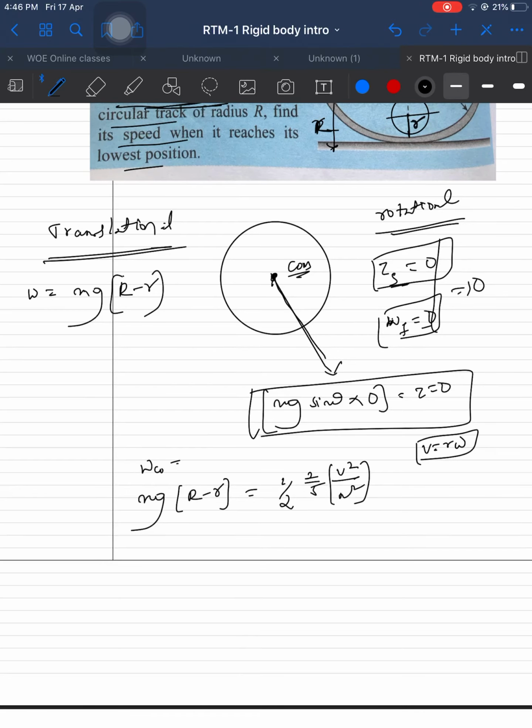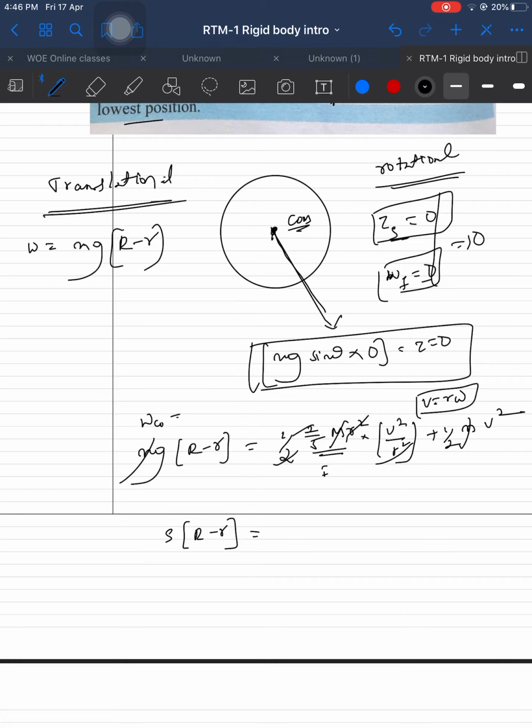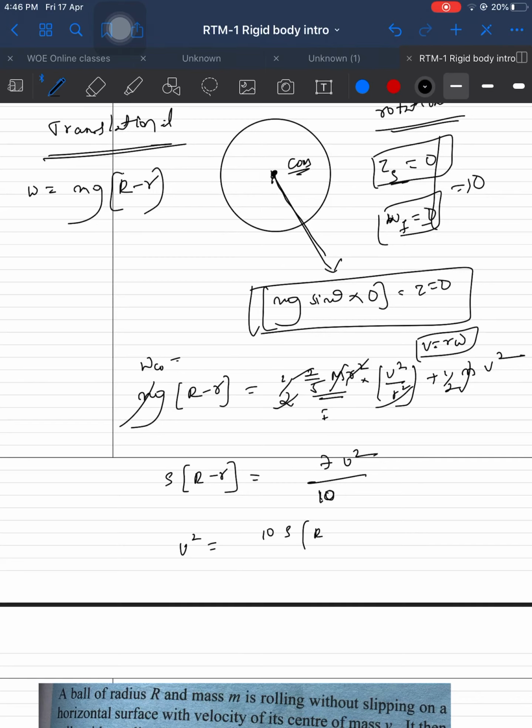Okay, r square gets cancelled and 2 gets cancelled. m gets cancelled. g into (R minus small r) is equal to v square by 5 plus v square by 2, which is 7 v square by 10. So v square is equal to 10g into (R minus small r) by 7. This is the velocity.